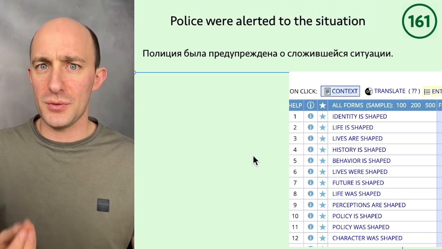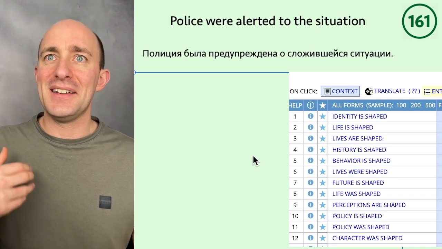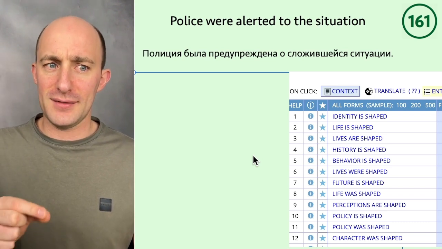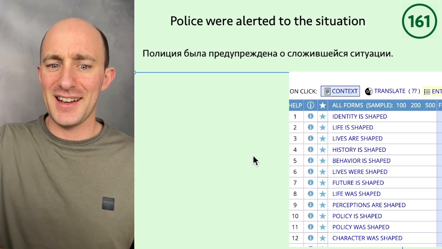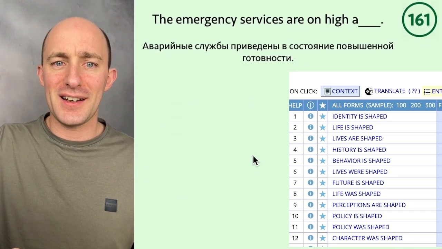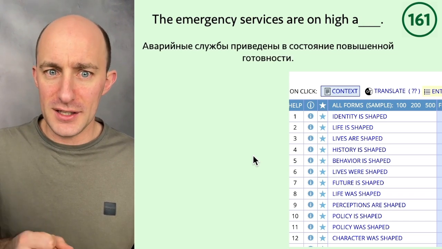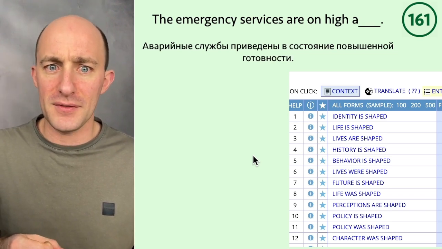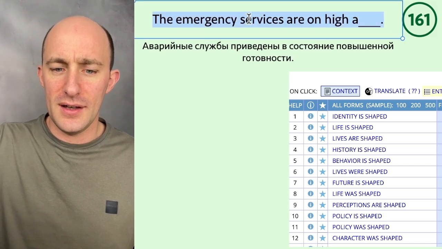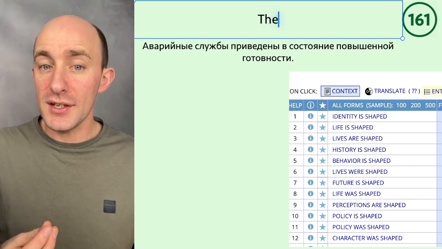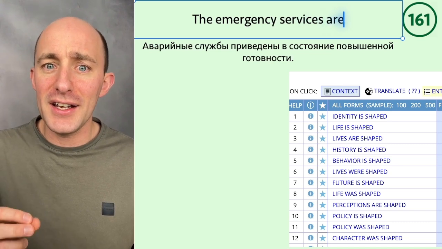And we usually use this word alert when you are told about something serious. So, for example, in this case, we're talking about the emergency services. Аварийные службы приведены в состояние повышенной готовности. The emergency services are on high alert.